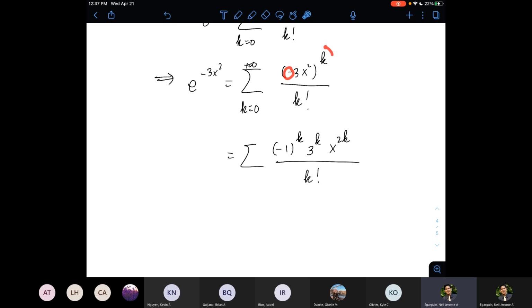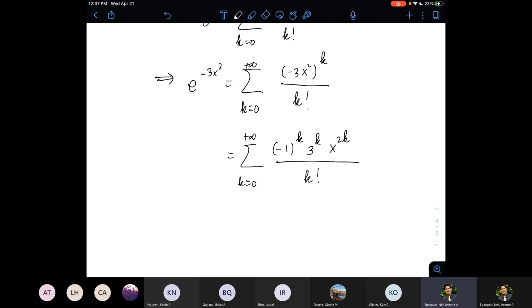So you have a negative 1 here, raised to the power k. There we go. 3 to the power k. Then x squared to the k. You're raising a power to another power, you simply multiply the exponents. So that's how I got x to the power 2k there, right? And k going from 0 to infinity.